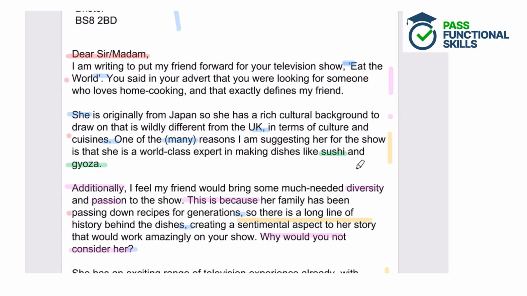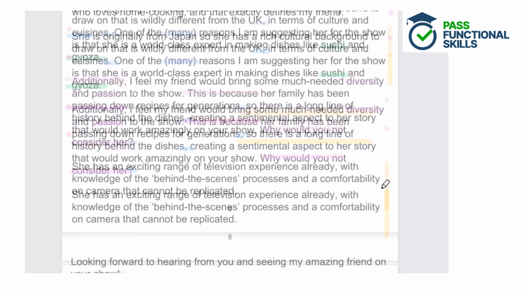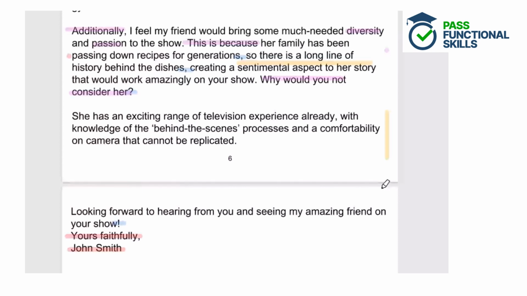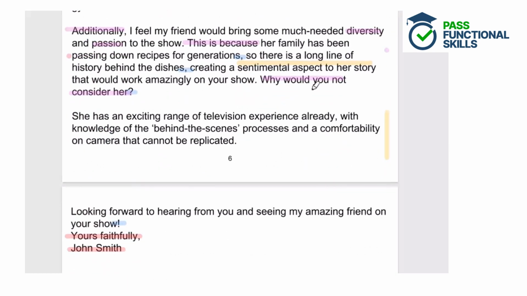And then we move on to talk about that in more detail in the next few paragraphs, talking about her cooking experience, then her family, and how her story can bring a kind of sentimental aspect to the show. And then we talk about her TV experience. So we're working through different reasons why she should be considered. And then we have some appropriate concluding lines and a sign off at the end there.